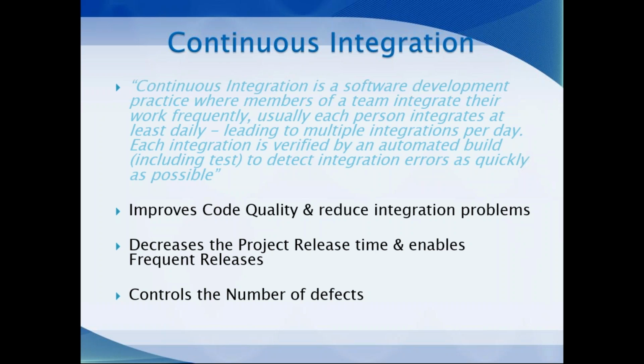Building is just compiling your code and keeping it ready for release. Release is what? After building, you will get binaries. The binaries will be delivered to the end user. That is release. For example, whenever you get a software update, right? That is release. But building is whenever they create binaries, that is a build.